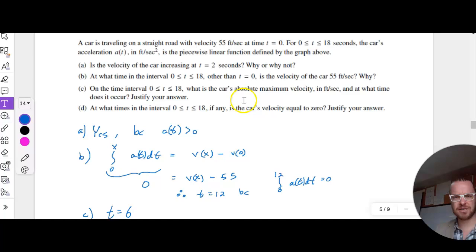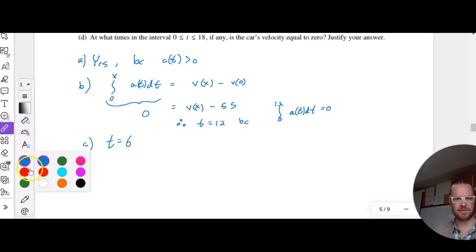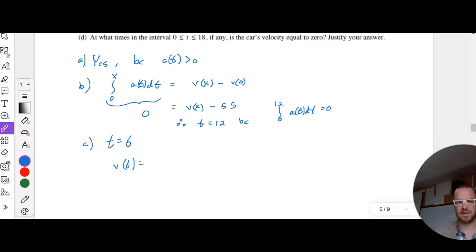And then the rest of this is a bit of an explanation. Does it ask us what the car's absolute maximum velocity is? So let's go ahead and work that out first. We're going to have v of 6 equal to 55 plus the integral from 0 to 6 of a of t dt. Why?